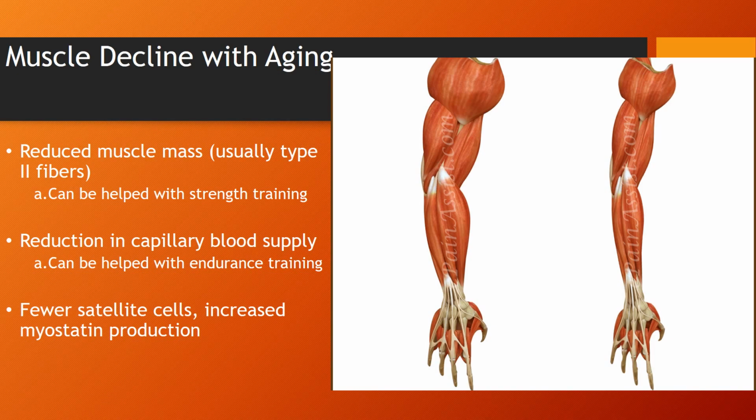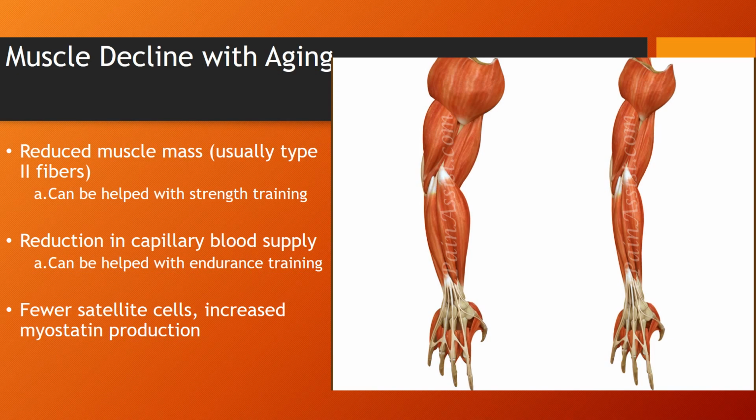Satellite cells, typically in healthy young individuals, are responsible for helping to build up muscles and support the motor neurons. However, with aging, they start to die off, and they also start to produce more myostatin, which is a protein responsible for basically wasting of the muscle.